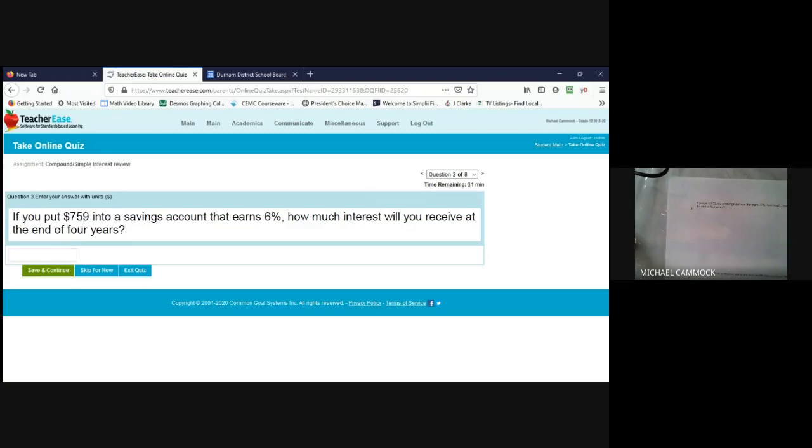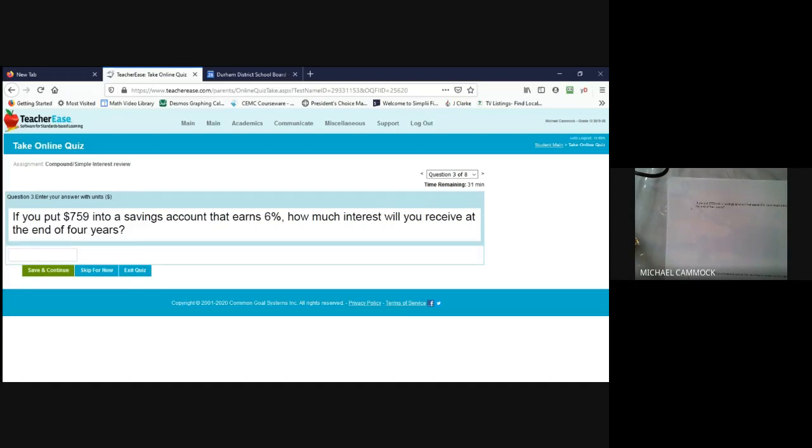All right, so we're going to try this question now. I'm going to put in $759, 6%, doesn't say anything about compound, and I'm going to do this for 4 years. So is this question asking me for the amount with the principal in it or just the interest alone? What is this question actually asking me for? Simple interest, but which one? Is it the full amount or is it just the interest alone?